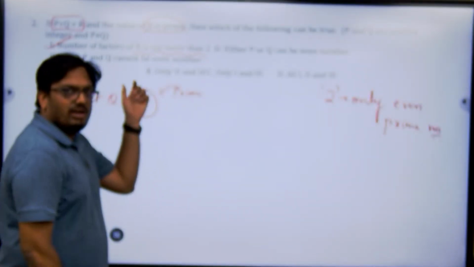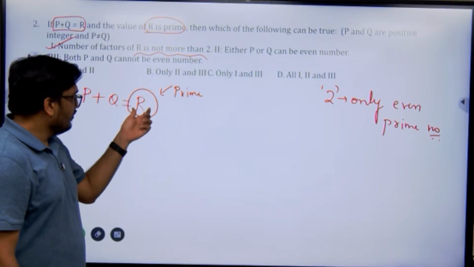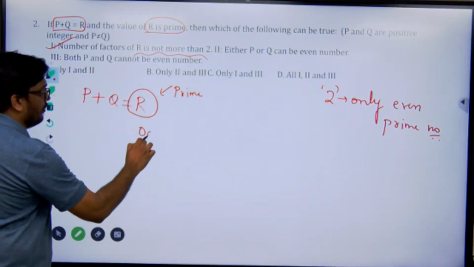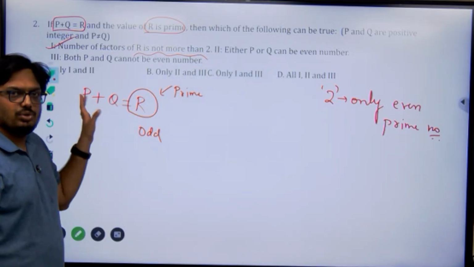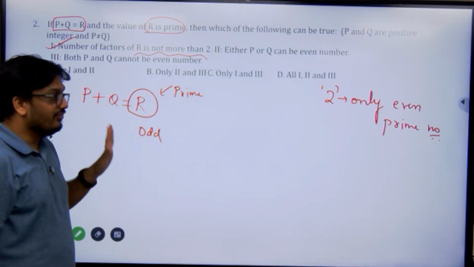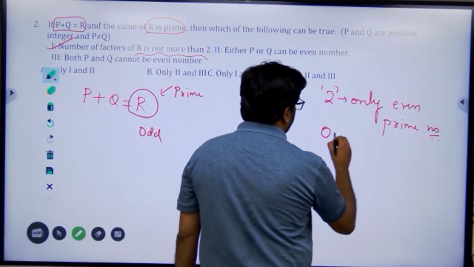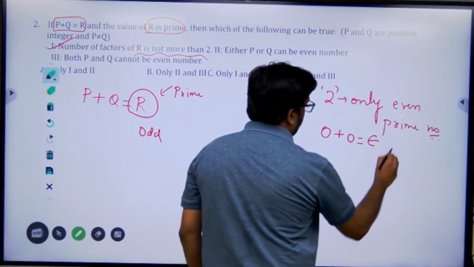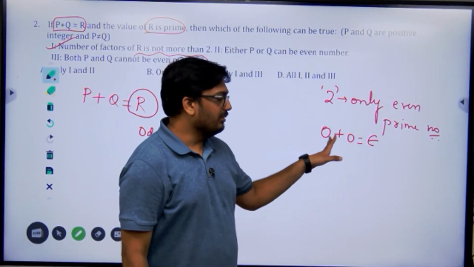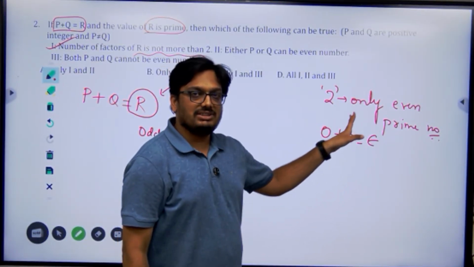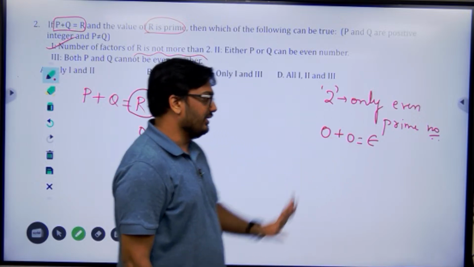Actually, prime means all are odd except 2, right? If it is odd, the answer should be odd. If you take both odd, P also odd, Q also odd, odd plus odd is even. For example, take randomly any two odd numbers, 3 plus 5, 8. 7 plus 3, 10. Odd plus odd is always even.